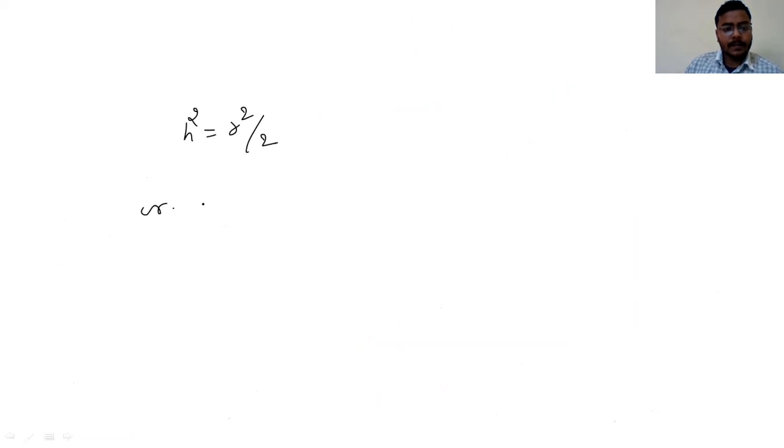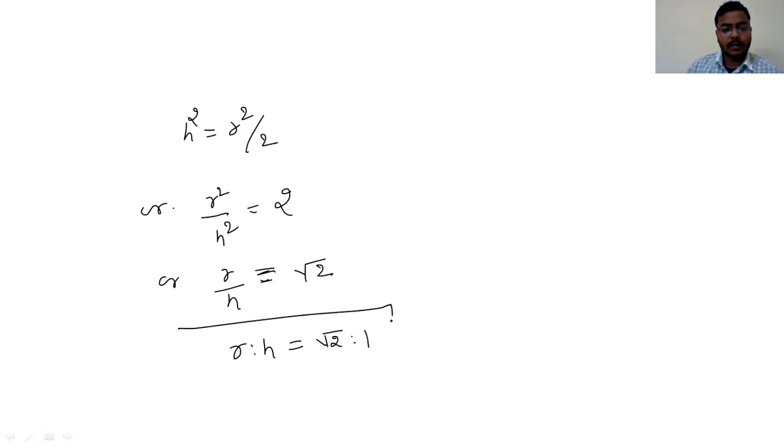And we can write r square divided by h square, it will be 2. Or by taking a root on both sides, we can write r divided by h is root 2 to 1. So this is what we finally get.